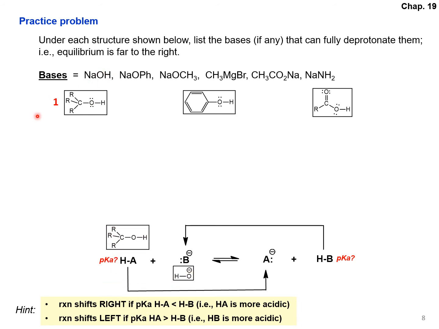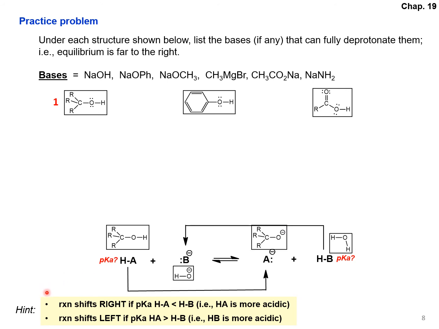And we'll put it in the general equation that's shown at the bottom of the page, where we have an acid reacting with a base, and it forms as products the conjugate base of the acid and also the conjugate acid of the base. Let's write out the conjugate base of the alcohol and the conjugate acid of hydroxide. That would be the alkoxide anion and water.